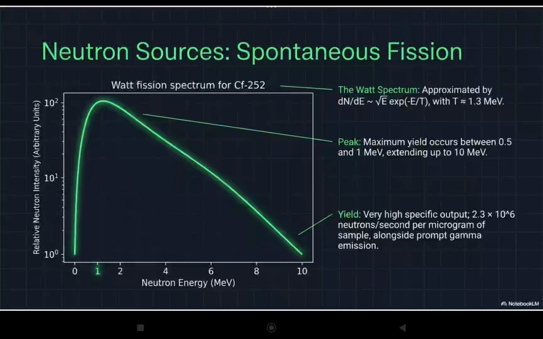Neutrons from spontaneous fission have a broad energy distribution that is often described by the Watt spectrum. In practical terms, that means the neutron energies are not monoenergetic, but instead peak in the sub-MeV region and extend up to several MeV. Californium-252 is a common example and is notable for its high neutron yield per microgram of material.